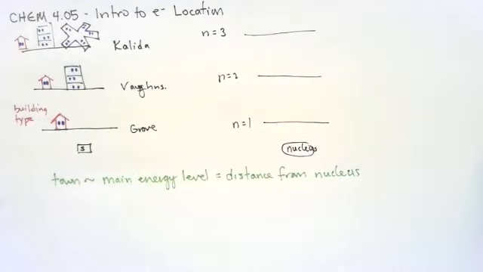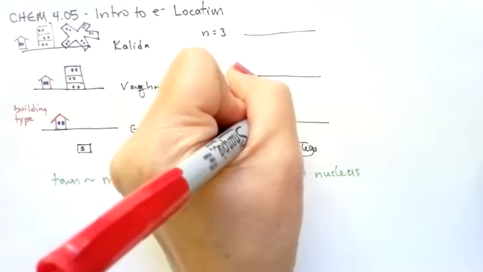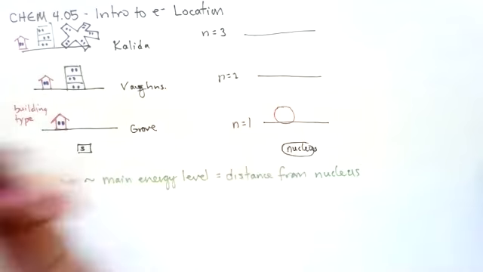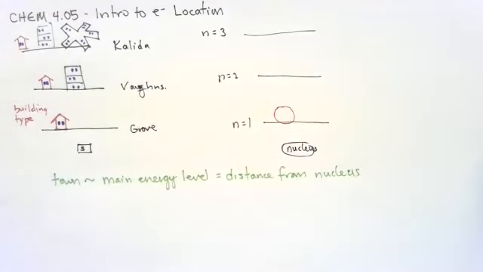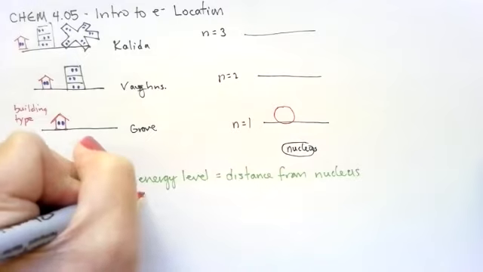When I'm out at n equals 1, in Grove we said we have 1 building type. At n equals 1, I have 1 orbital shape. My building type correlates to the orbital shape.